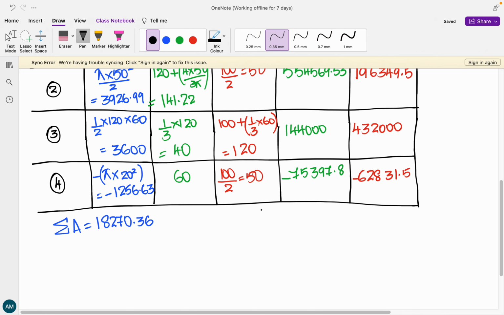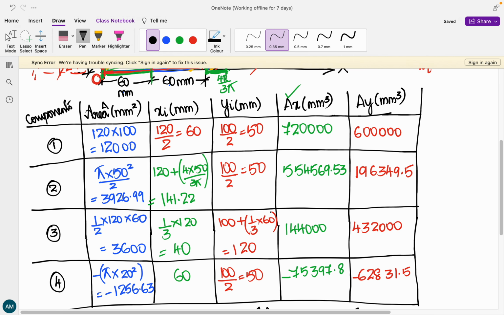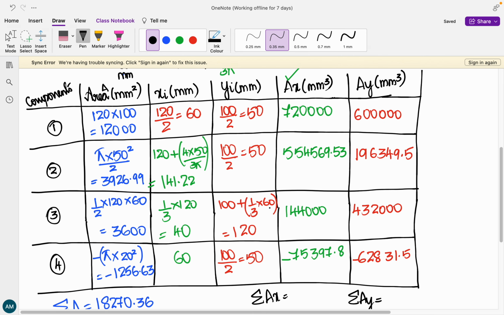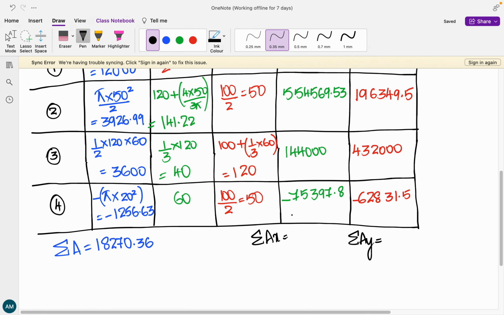Now we are going to write summation a into x and then summation a into y. So add the respective columns. Whatever values you get, make sure that you write them as the summation. Once we get the summation, then we are going to apply the standard formula in order to find the centroid for the given composite figure.